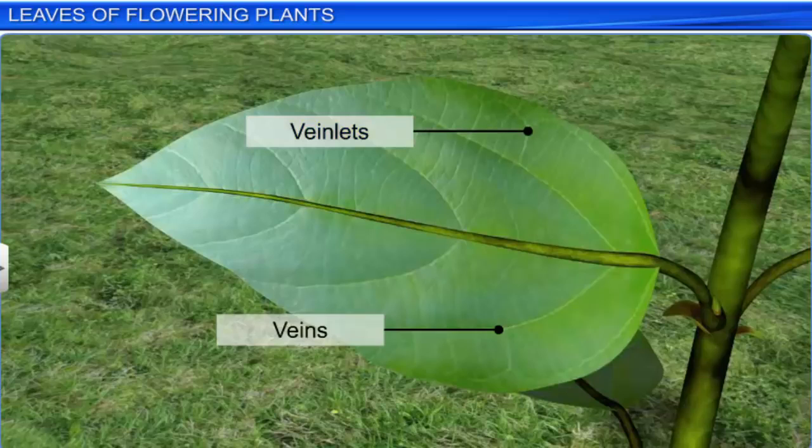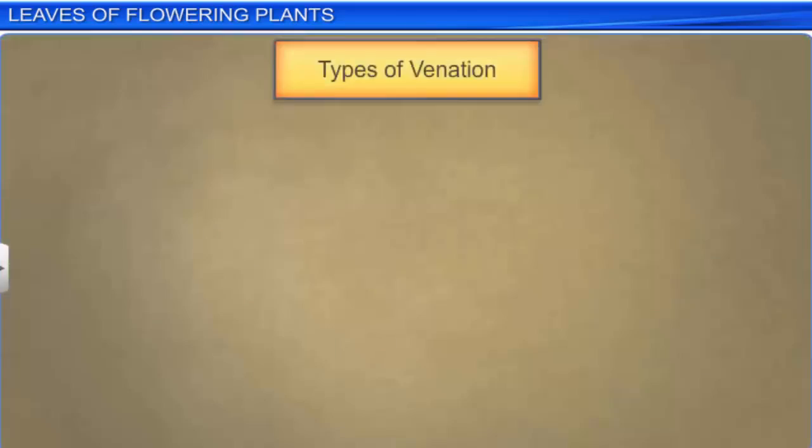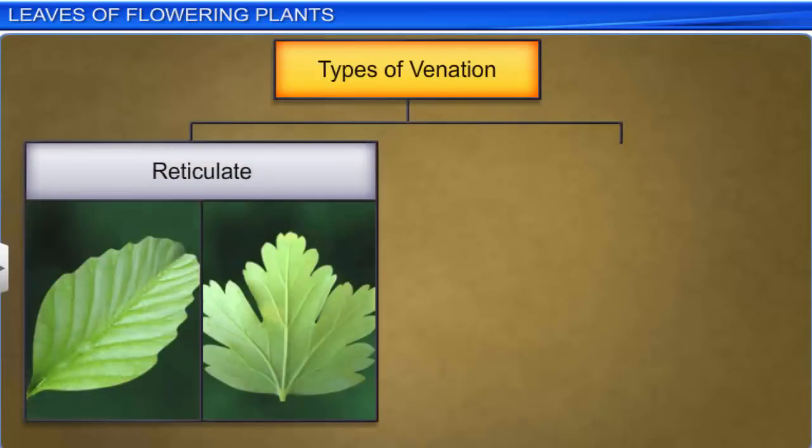Usually, the lamina has a prominent vein running through its center called the midrib. The arrangement of veins and veinlets in a leaf blade or lamina is called venation. Venation is of two types: reticulate and parallel.